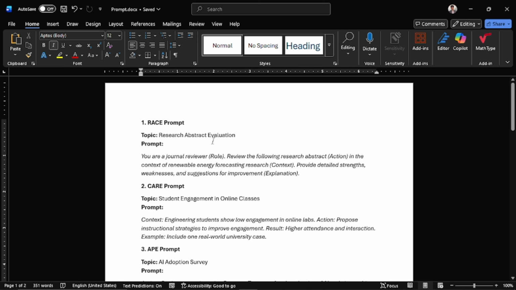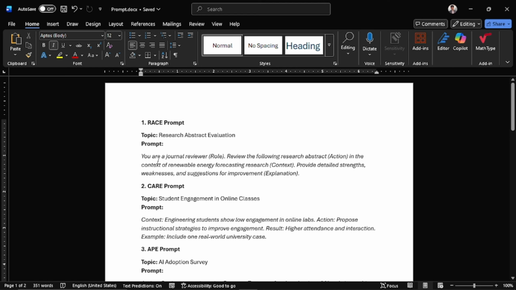Okay, so R stands for role, A stands for action, C for context, and E for explanation. Now, this RACE prompt is basically used for research purposes. So that is why an example prompt is also there.